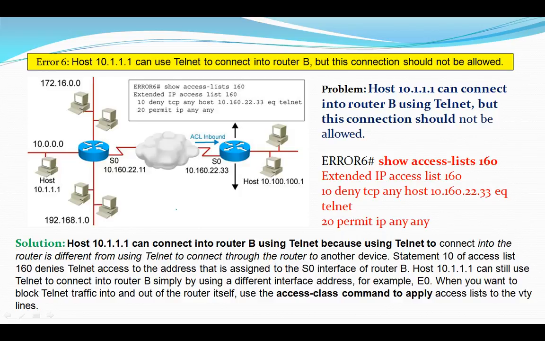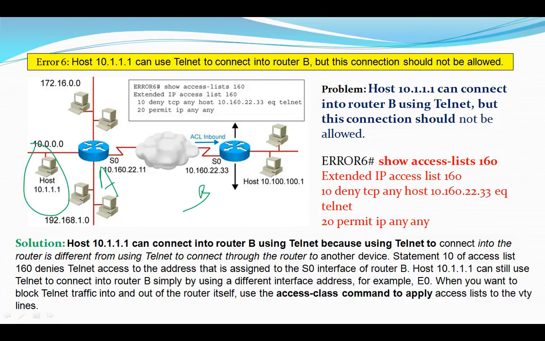Now we will see one more error here. I have a situation where host 10.1.1.1 can use telnet to connect into router B. For example, this is my router A, this is my router B, and this is the host. It can use telnet into router B, but this connection should not be allowed. I want to block it, so it should not be able to telnet to this router.